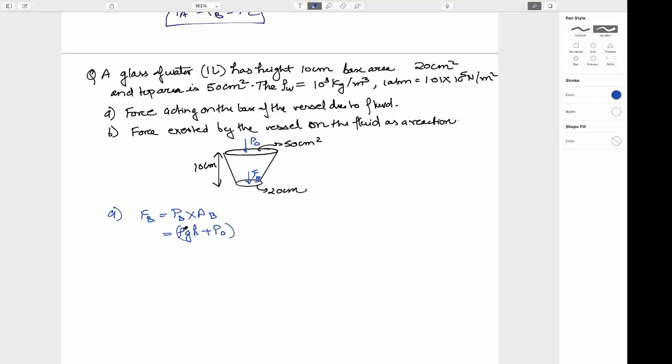So rho is 10 to the power 3 kg per meter cube into 10 into height, which is 10 centimeter, 10 divided by 100, plus P naught, which is 1.01 into 10 to the power 5. Area of base is 20 centimeter square, 20 into 10 to the power minus 4.